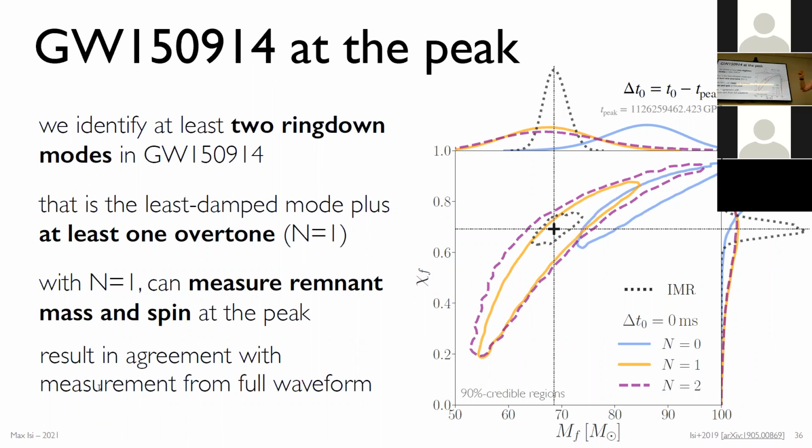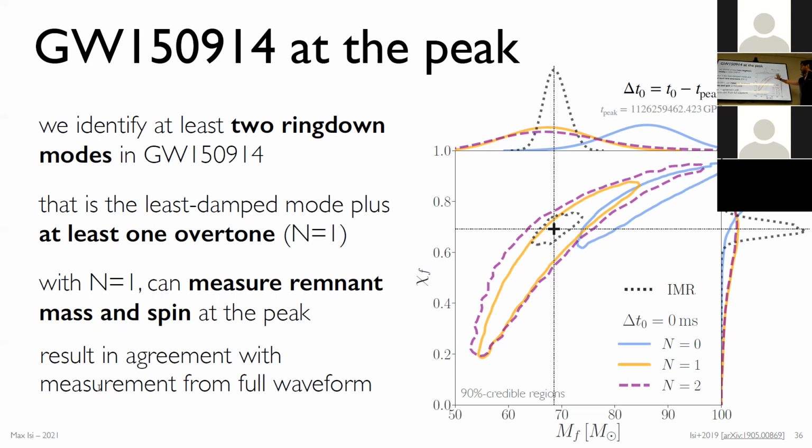When we analyze the full signal, we get an estimate for the initial masses and spins of the progenitors. We know how to map that into the final state based on NR simulations, and we can get a projected measurement of what the remnant mass and spin should be. That's what this gray contour is representing.